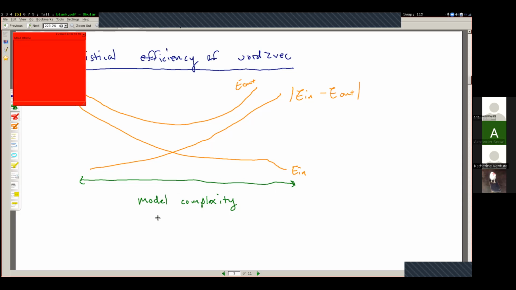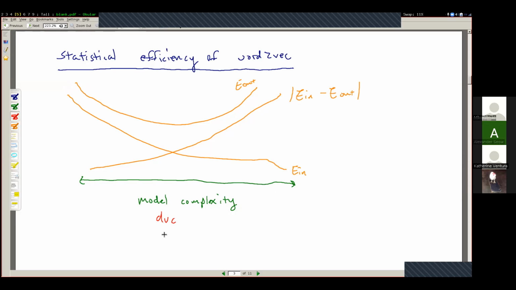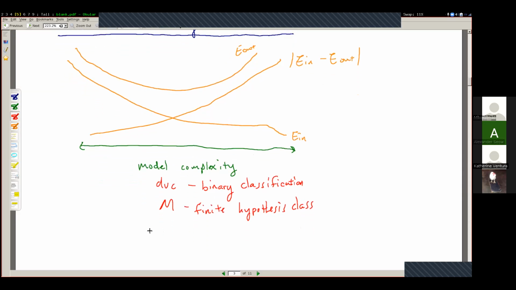We've talked about the VC dimension, the d_VC, which is generally applicable for binary classification problems. We talked about the M for our finite hypothesis sets. And then the different types of regularization parameters, whether it's lambda or C for regularization.